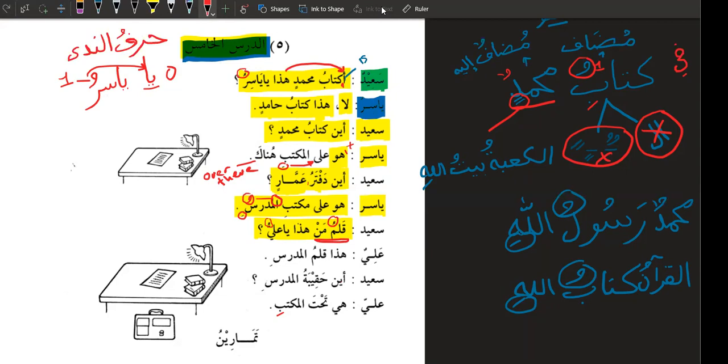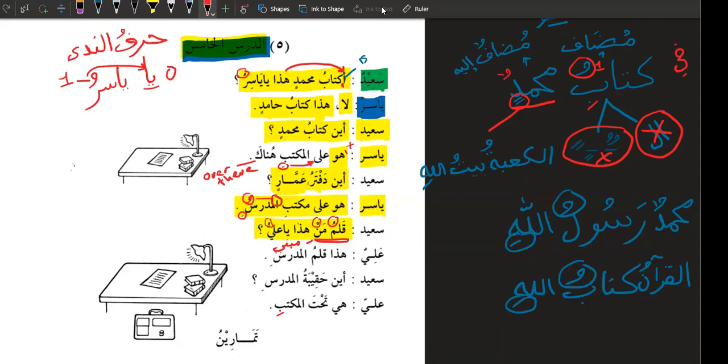So obviously man, it can't take a kasra because it'd be قلم مني هذا. So man is fixed. We say mabni. Mabni means it's fixed and it can't change. Because if it changes, then it gets confusing and the meanings might change.